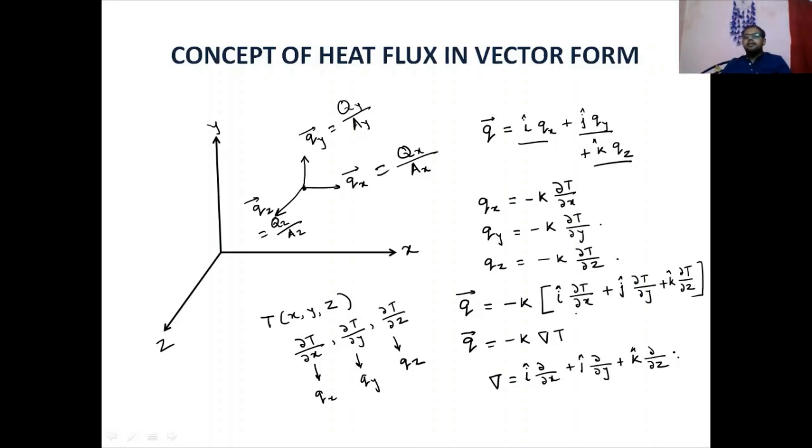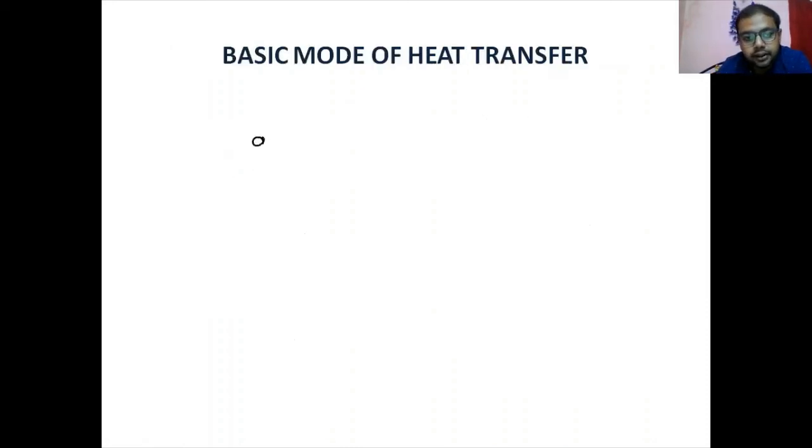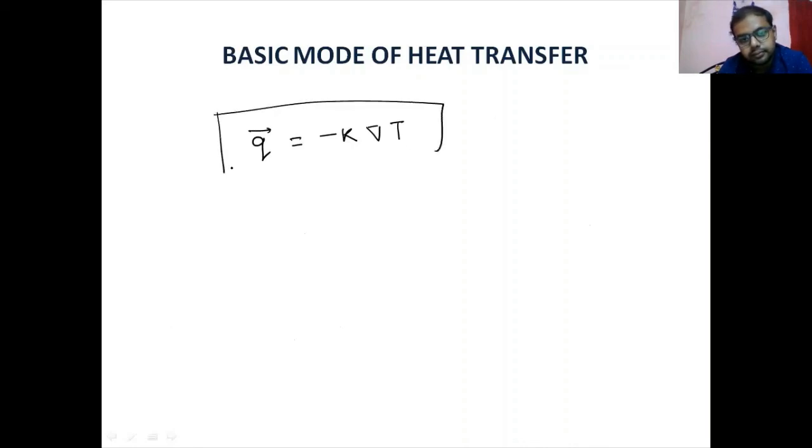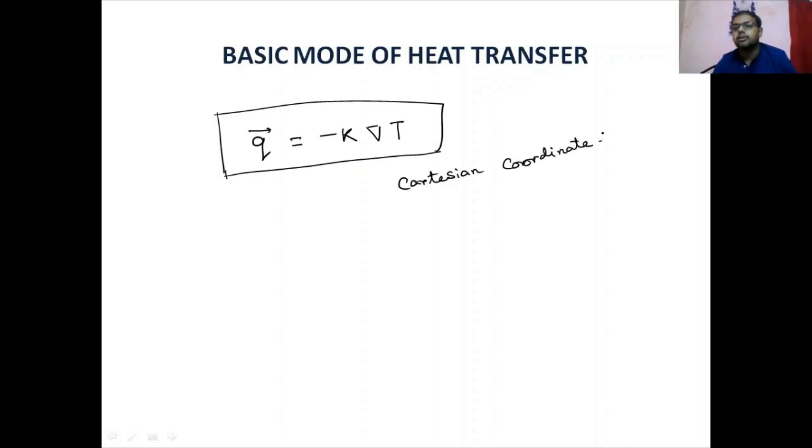So in three-dimensional cases, the heat flux can be written this way: the vector quantity heat flux is equal to minus k grad T. This equation is valid everywhere, for Cartesian coordinates, cylindrical coordinates, spherical coordinates, everything. That is the basic general thing.